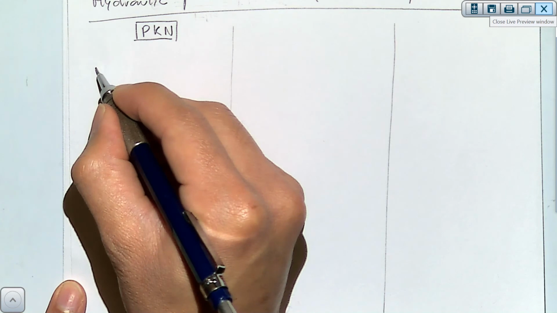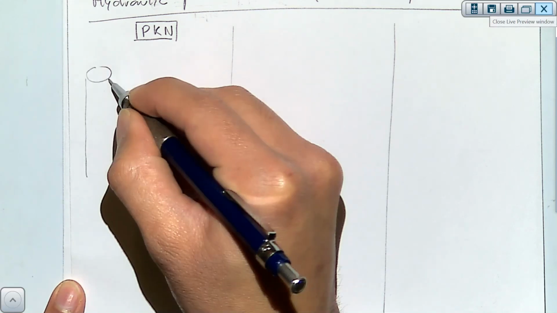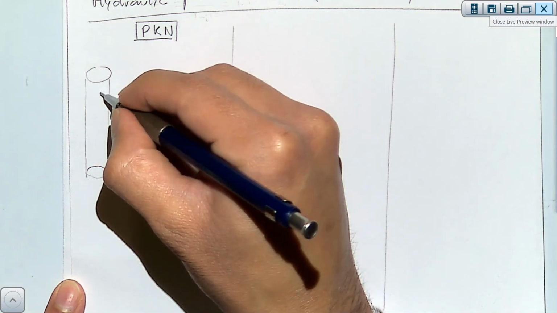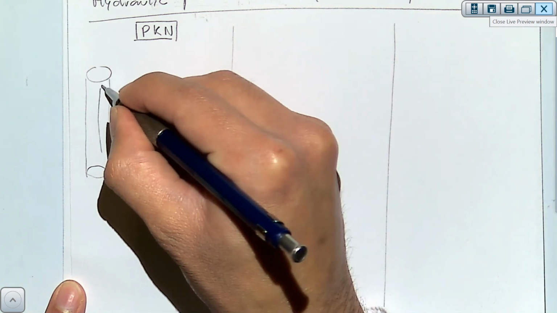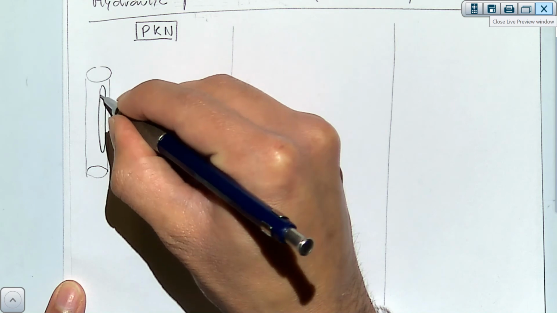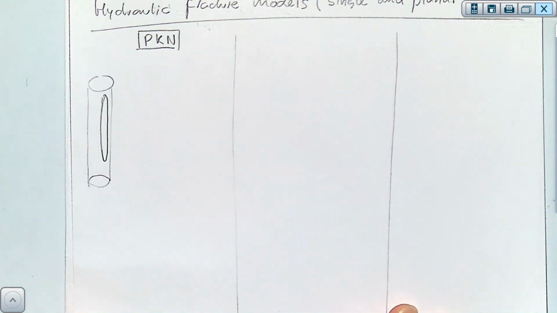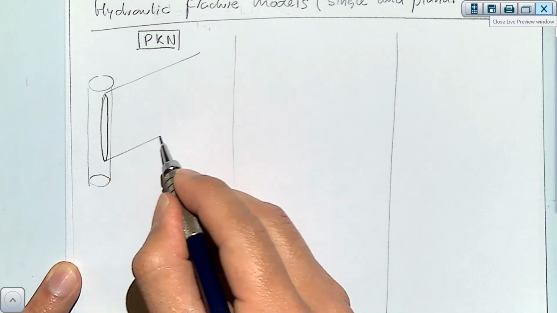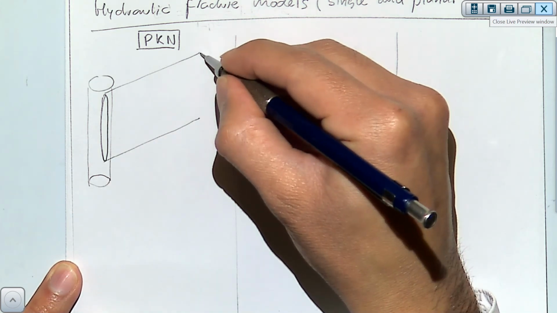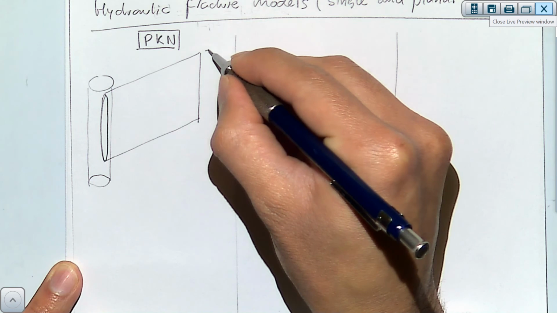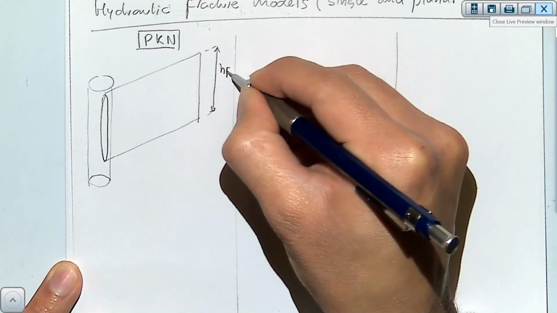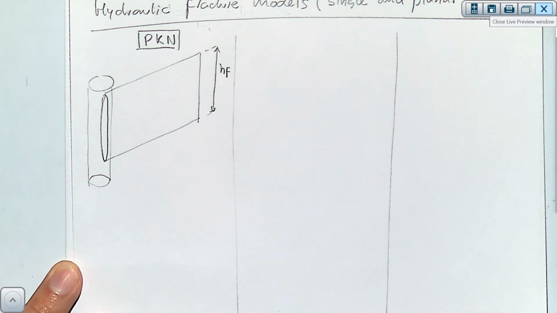And the first one considers a fracture that has a shape, a cross section, which is like an ellipse. It has a constant height, HF, that we will assume that we know right now, and we'll see how to determine that later on.